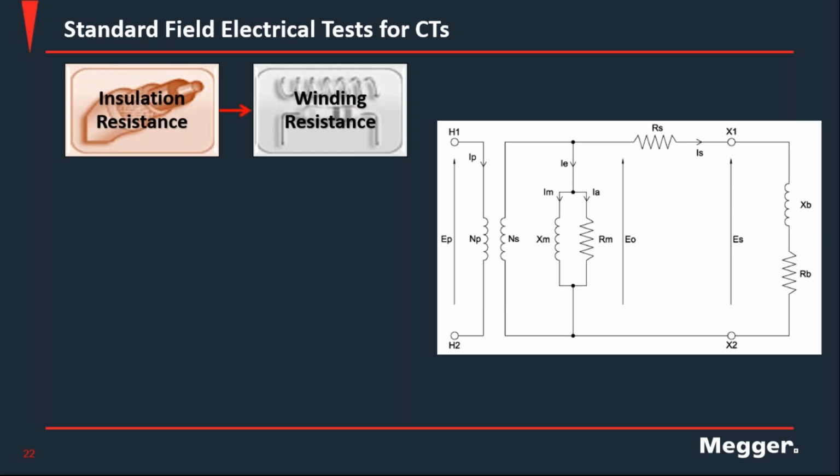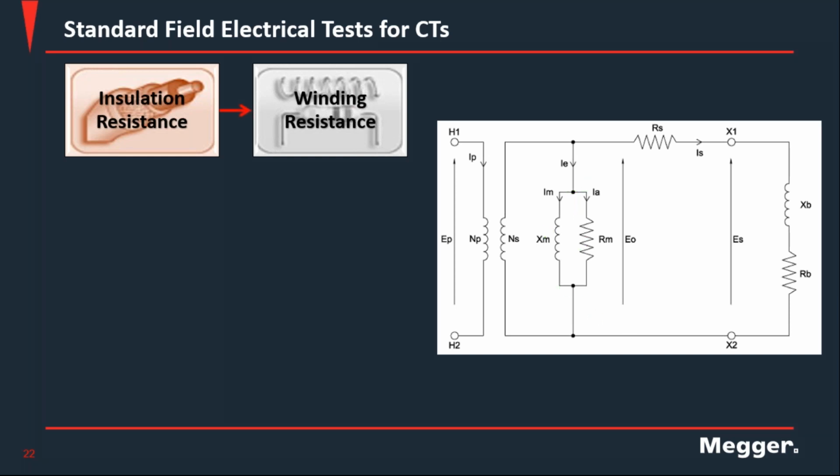The way to get this value is through applying DC current through the terminal. So we are circulating DC current through the terminals of the instrument transformer, secondary side, and also at the same terminals we are measuring the voltage drop. So with current and voltage drop, we can calculate resistance, and in the process, this DC current that is circulating through the winding is saturating, is magnetizing this branch.